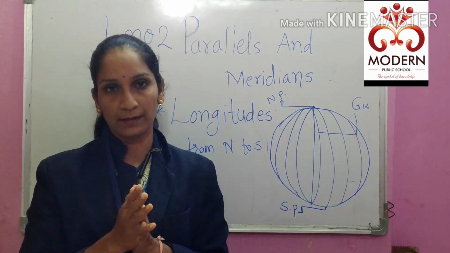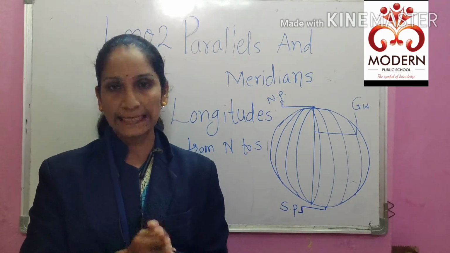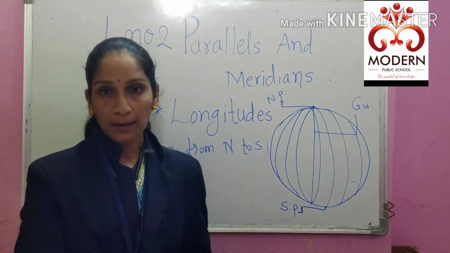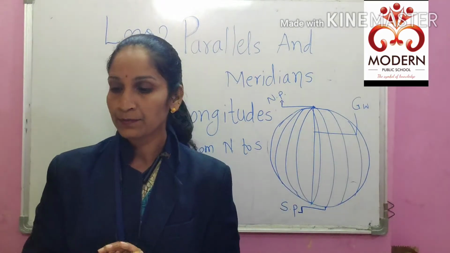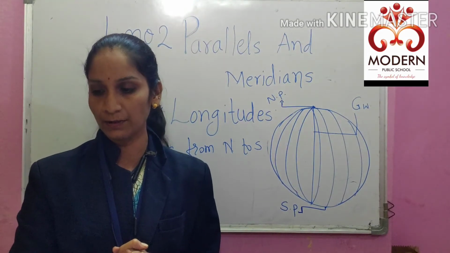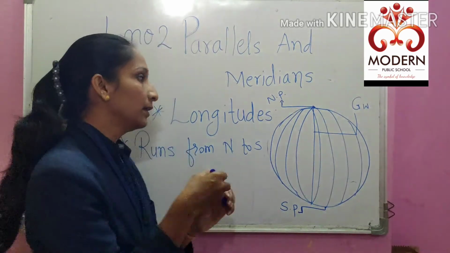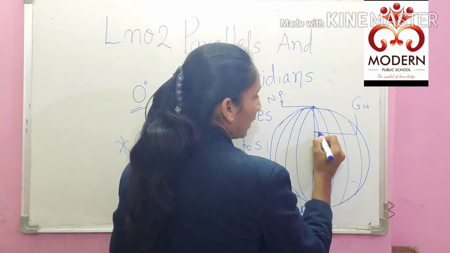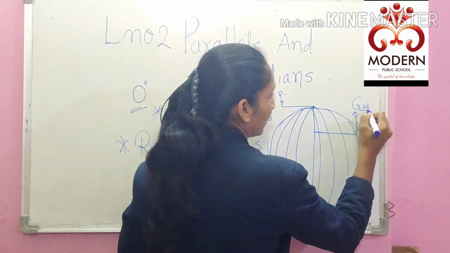Numbering of meridians. Previously we discussed the numbering of latitudes. Now we discuss the numbering of longitudes. The prime meridian passes through Greenwich. It is also known as the Greenwich meridian. Here you can see one line and an arrow, and here is Greenwich.